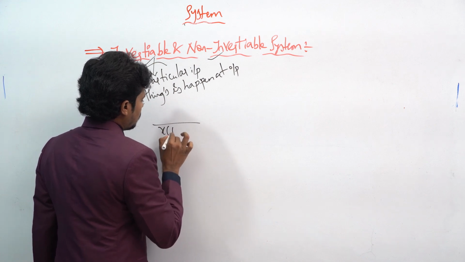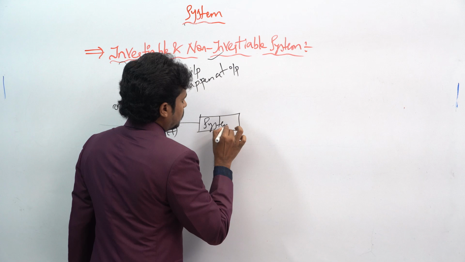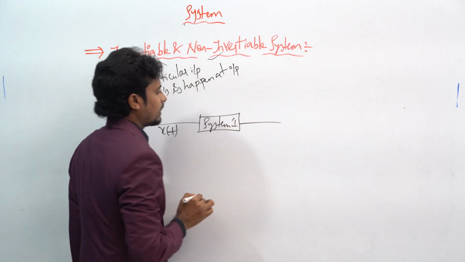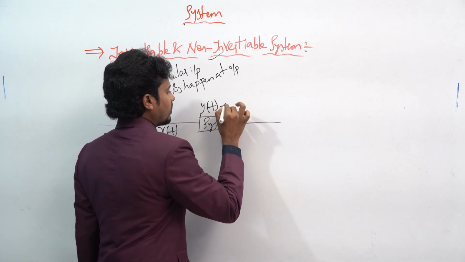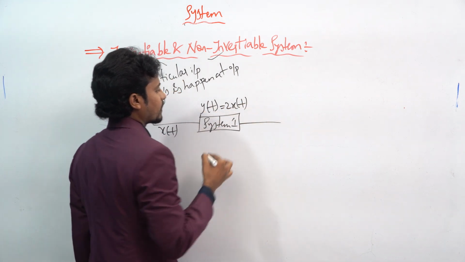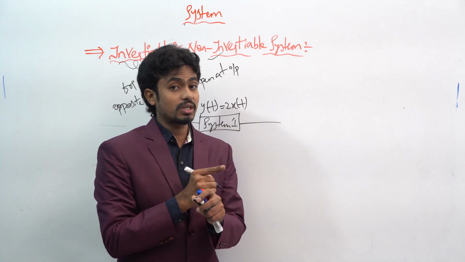So this is the x of t. If you give it to system 1, and here the output is y of t, that will be equal to 2 into x of t. So what output am I getting? That will be 2 times that input.